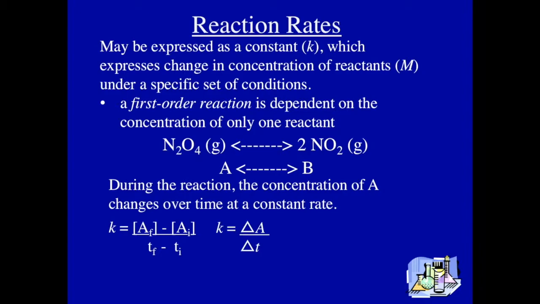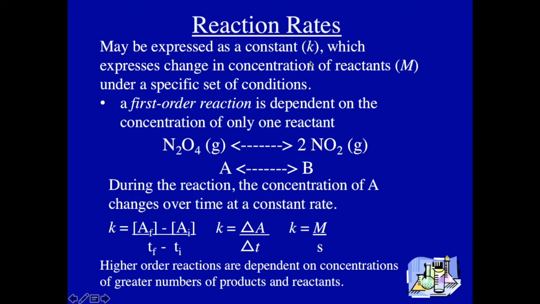So just understand that K can be expressed as the change in A concentration over the change in time, and we measure concentration as molarity, as moles per liter, and our standard unit of time is the second. So moles per liter per second would be the units of this small k reaction constant.